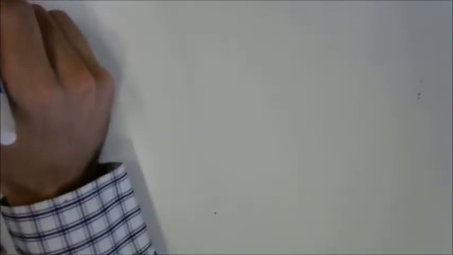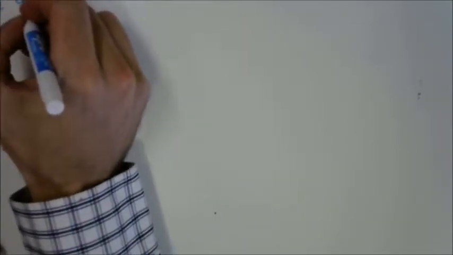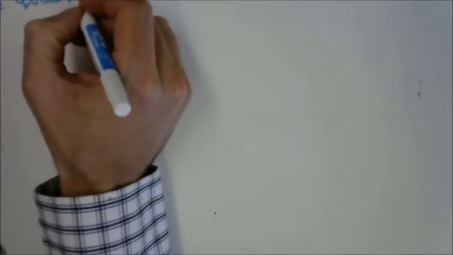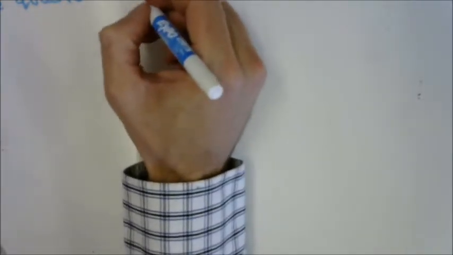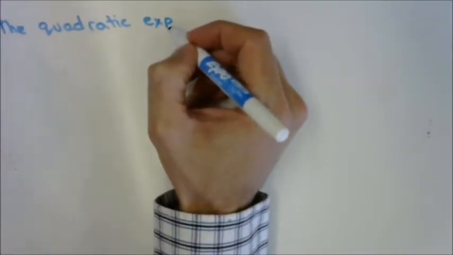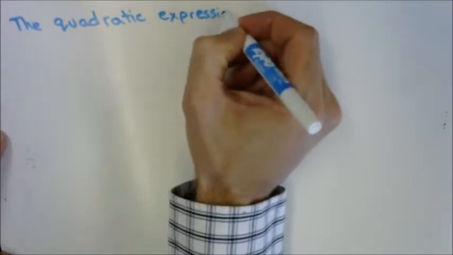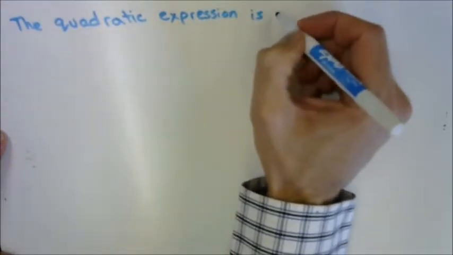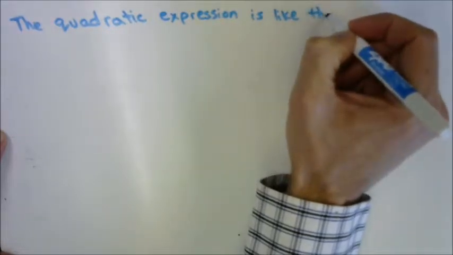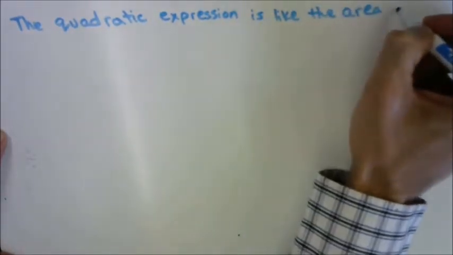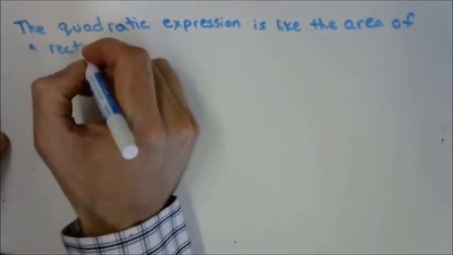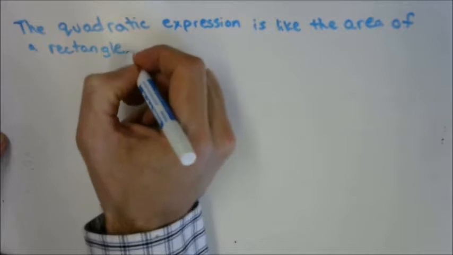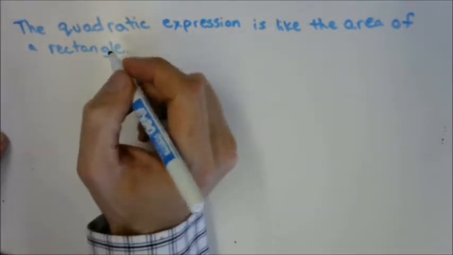So what we learned from looking at algebra tiles and looking at the grid is that the quadratic expression, and you might want to put in like a box or a star beside this, is like the area of a rectangle.